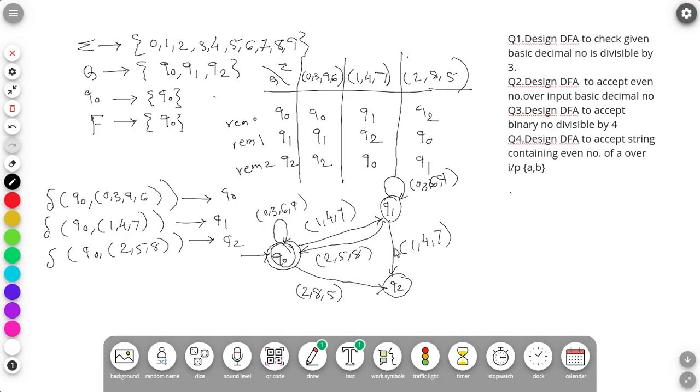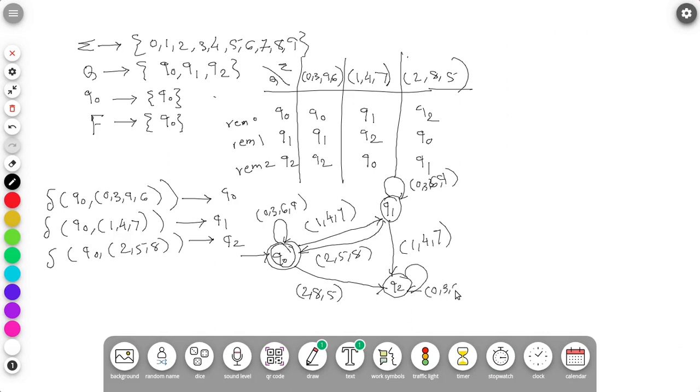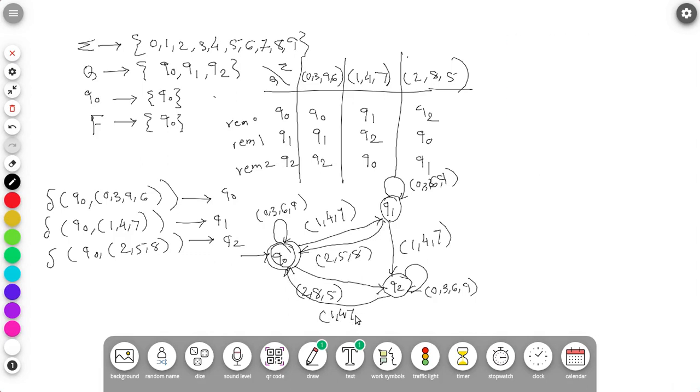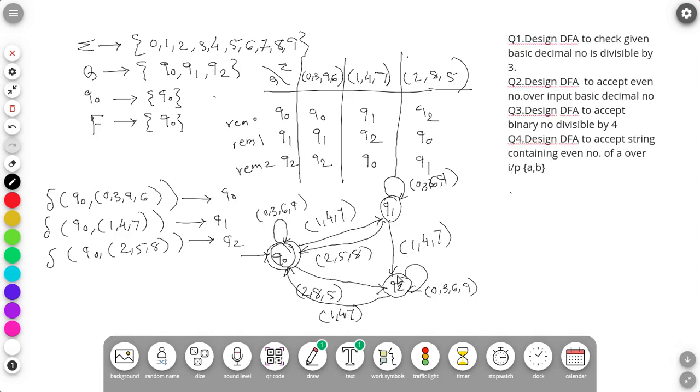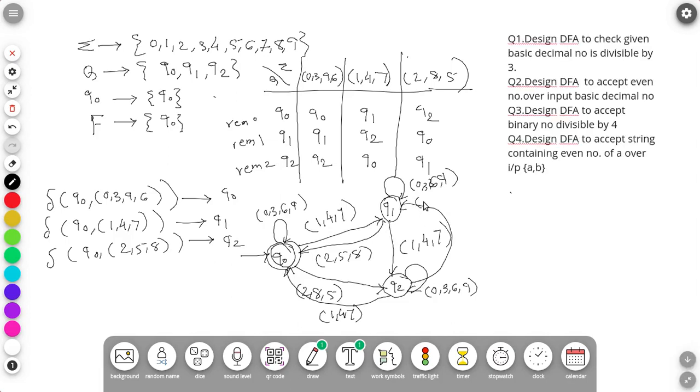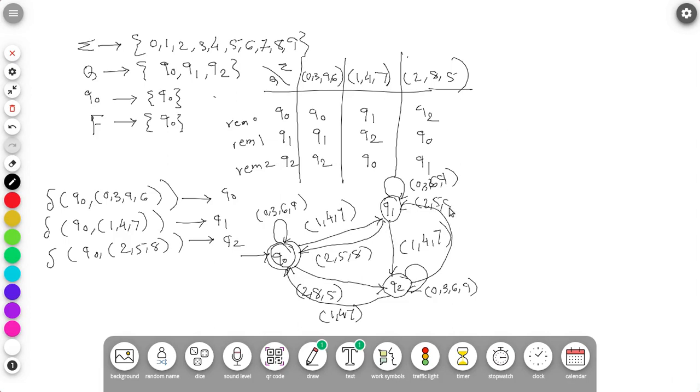Now, regarding Q1 and Q0, we have to provide inputs to Q2. So Q2 with input 0, 3, 6, 9 goes to the same state, itself. Then Q2 with input 1, 4, 7 goes to Q0, and Q2 with input 2, 5, 8 goes to Q1.